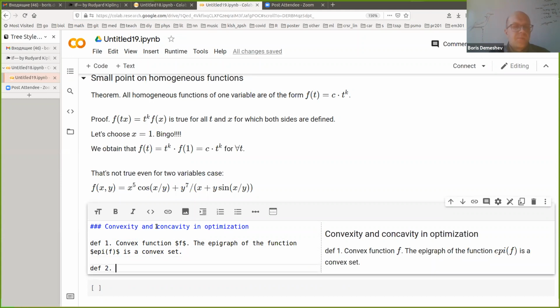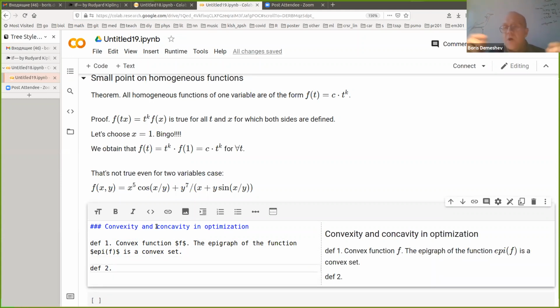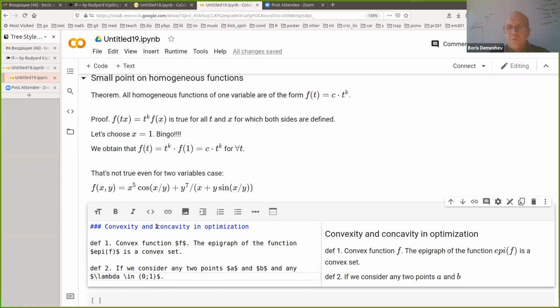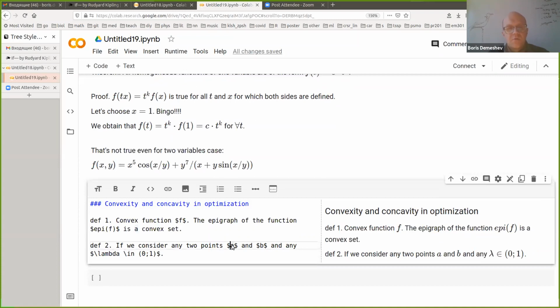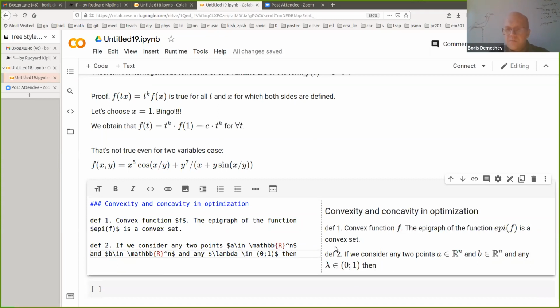Or we may have definition two: for every two points, let's consider any two points A and B in our multivariate space R^n, and a scalar lambda between 0 and 1.